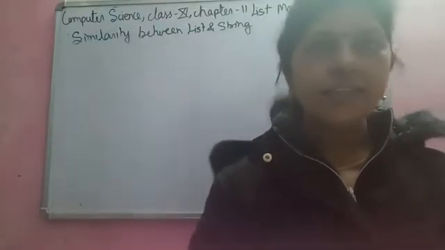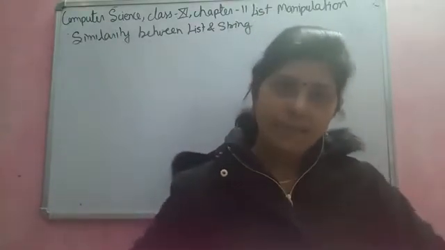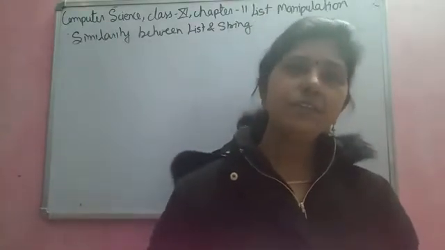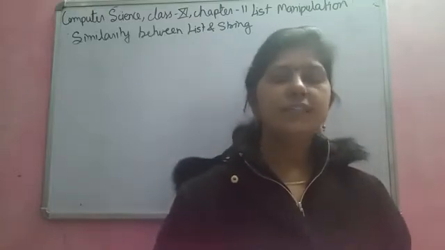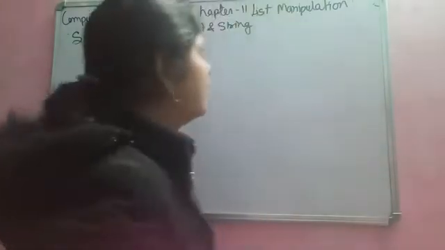Difference between list and string: one is immutable, another one is mutable, and one is sequence of character, another one is the sequence of item. Now, first, what is the similarity?